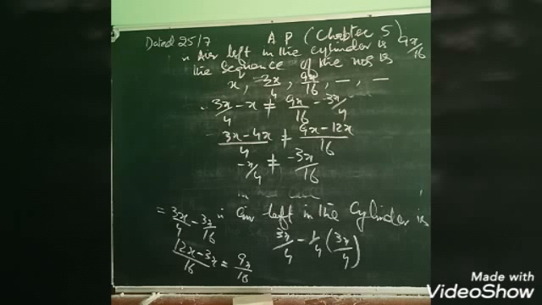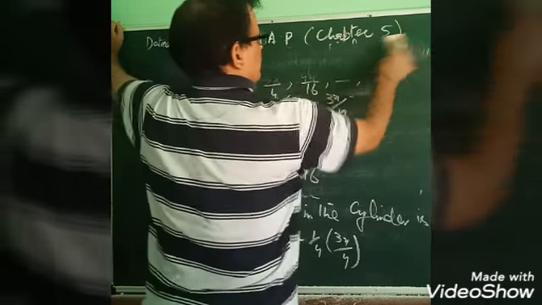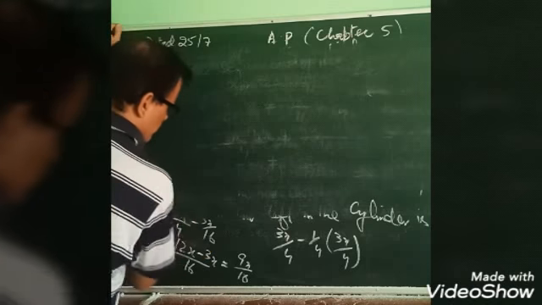So let us now do the next question of the exercise. Write the first 4 terms of an AP. Question number 2 of exercise 5.1, NCERT book.